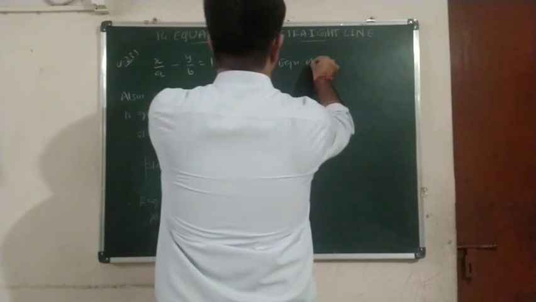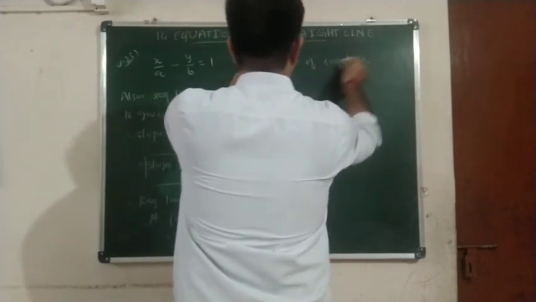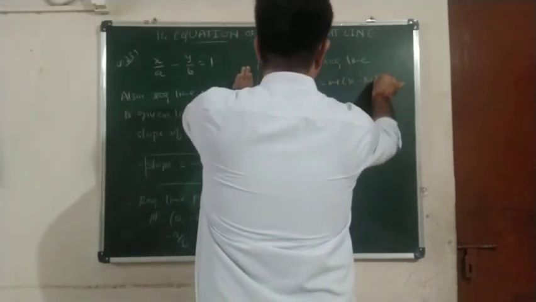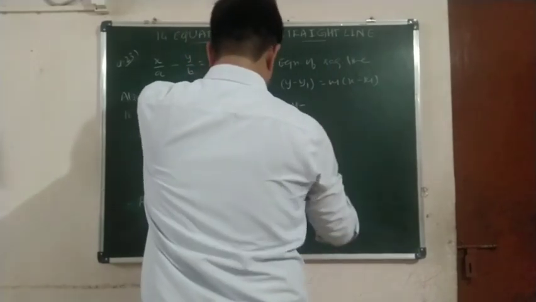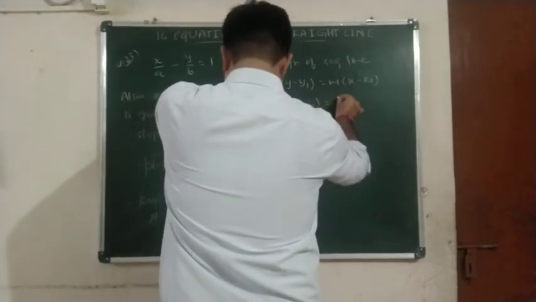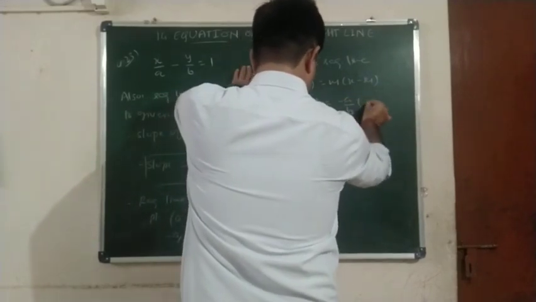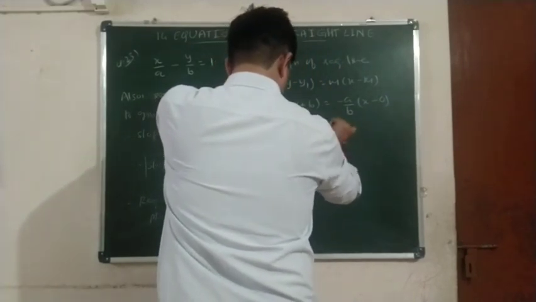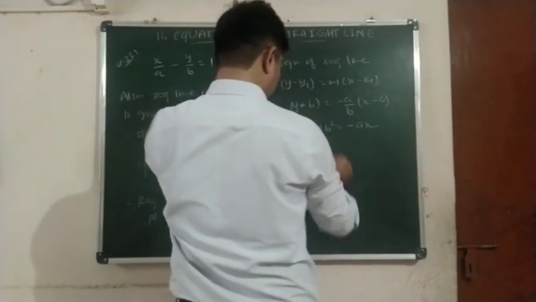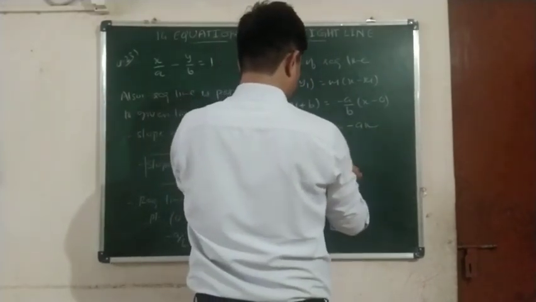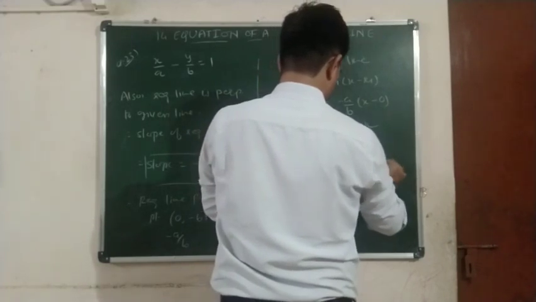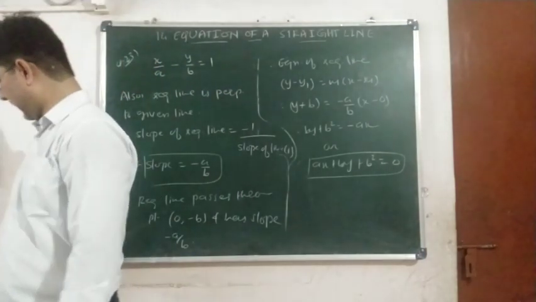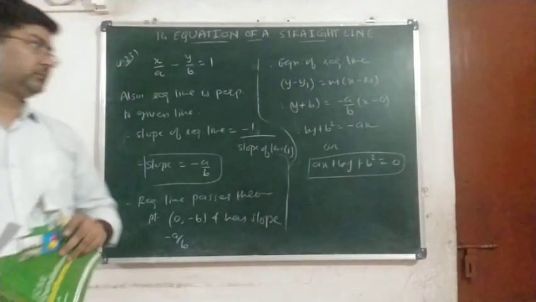Therefore the equation of the required line will be y minus y1 is equal to m into x minus x1, therefore y minus minus b, that is y plus b, is equal to minus a upon b into x minus 0, therefore ax plus by plus b square equals 0. This is the equation of the required line which is perpendicular to the given line.